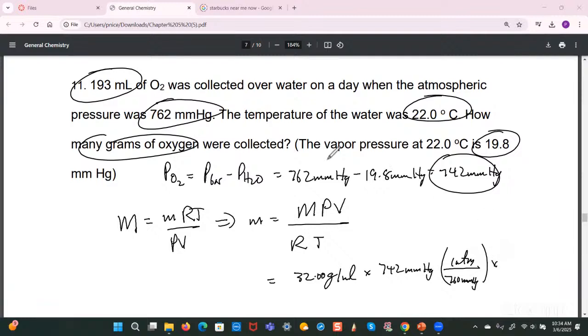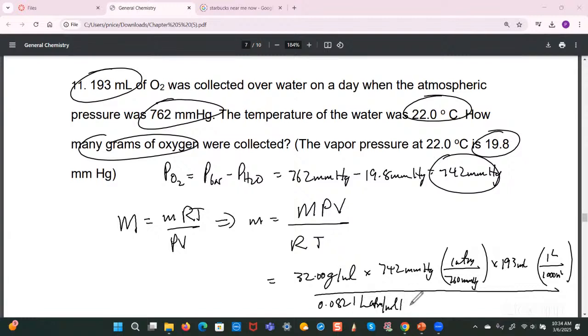What's the volume? 193 milliliters, which we have to convert to liters. So 1 liter over 1,000 mils. And then we divide all of that by R, which is 0.0821 liters atmospheres over mole Kelvin, multiplied by the temperature, which is 22 plus 293, 315 Kelvin.